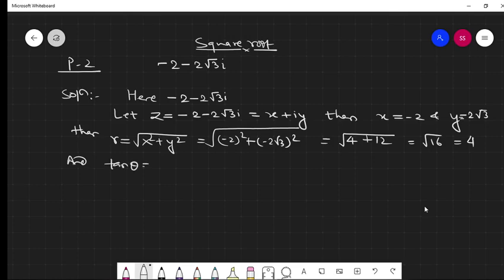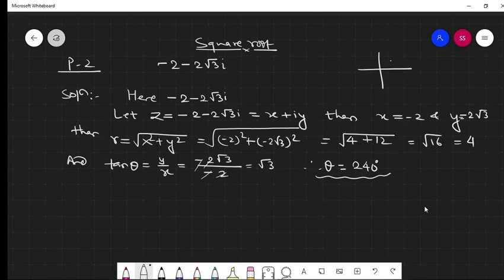Tan theta equals y over x. What is y? Minus 2 root 3 by minus 2 equals root 3. Therefore theta equals 240 degrees. This is a very important part here, students. I mentioned earlier the first, second, third and fourth quadrants.